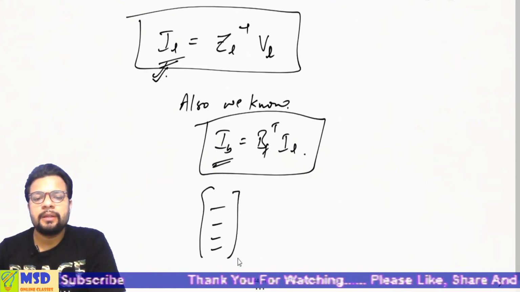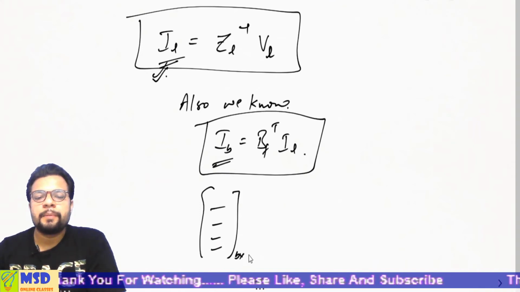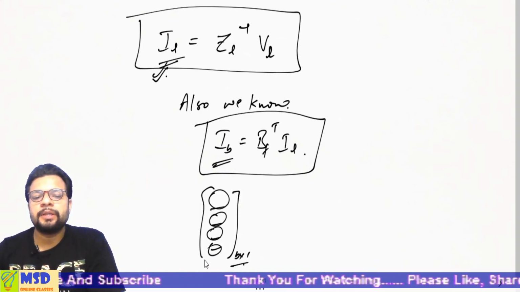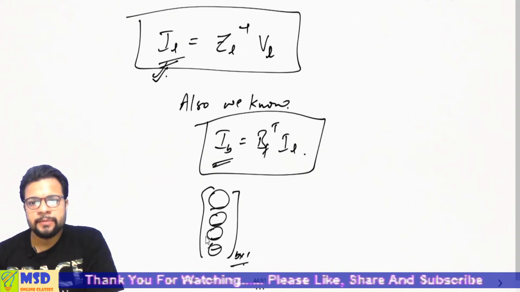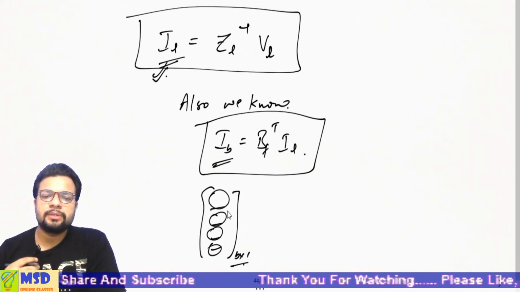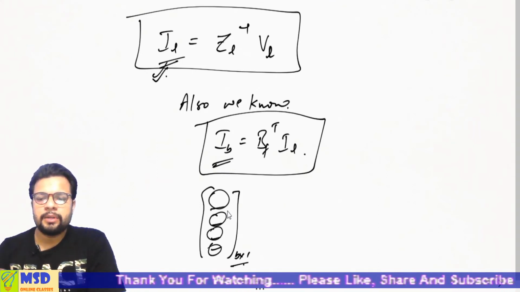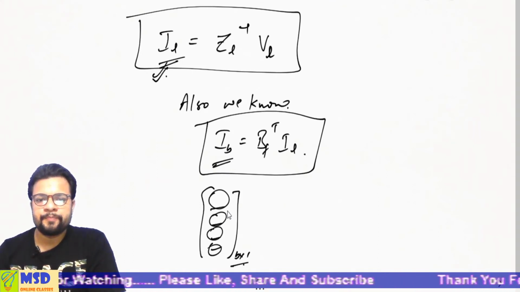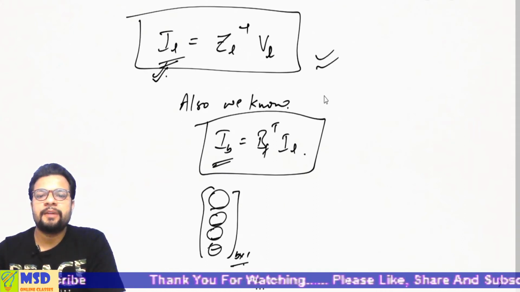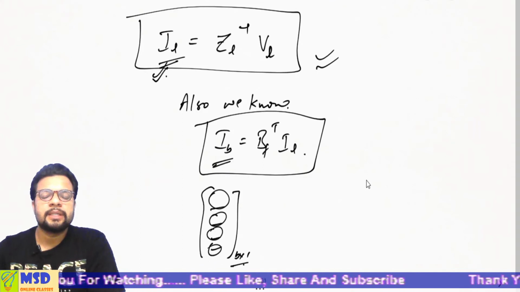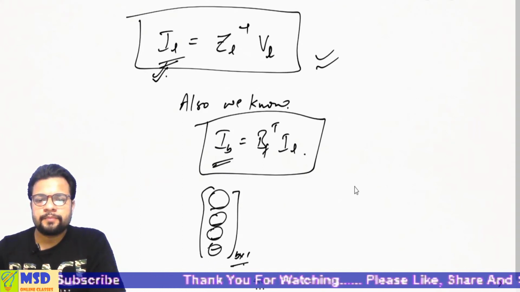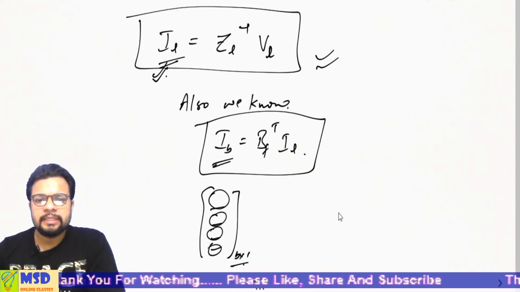If you are having B number of branches, it would be a B cross 1 matrix having all the elements equal to the branch currents. So if in the question it is asked to determine the branch current through any particular branch element, then definitely you can use this method. And if you are using this method, this is known as loop analysis. I hope this must have been understood, it is very easy.